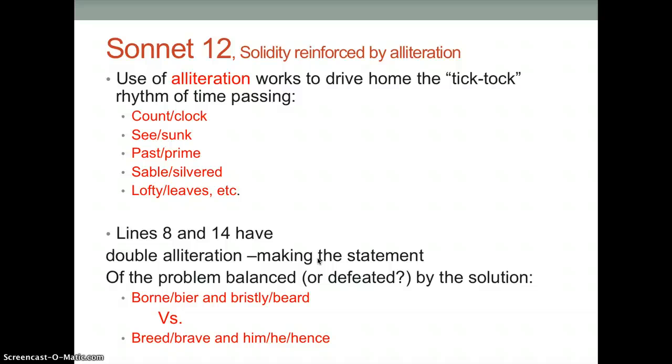And yet, line 14, the sort of counter that shows how we can defeat time, also has the same weighted double alliteration: save breed to brave him when he takes thee hence. And even the fact that he's not just doing one sound, but he's doing 2 sounds, B-R, breed and brave, and the 3, him, he, hence, even makes stronger his counter argument that yes, we can defeat time. So alliteration works well there to drive home his message.